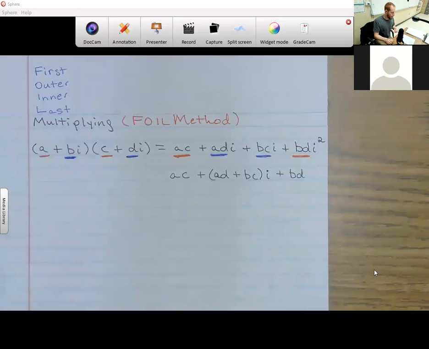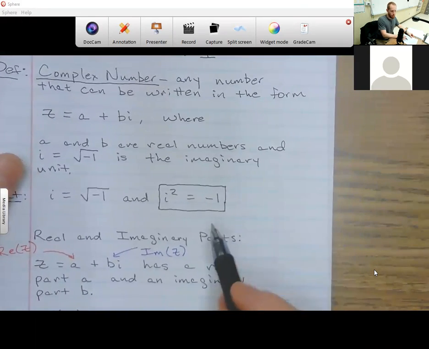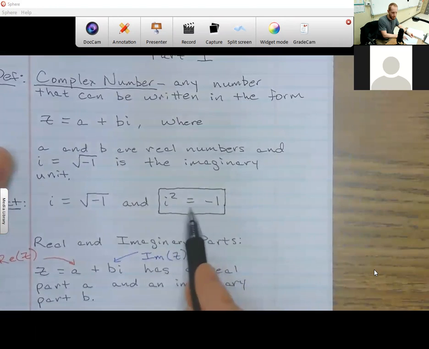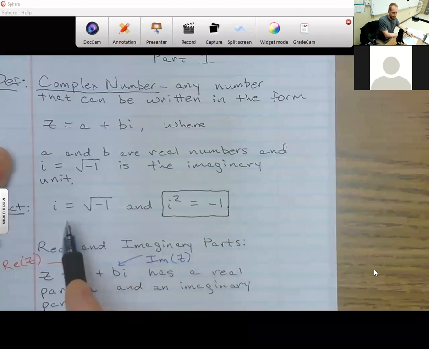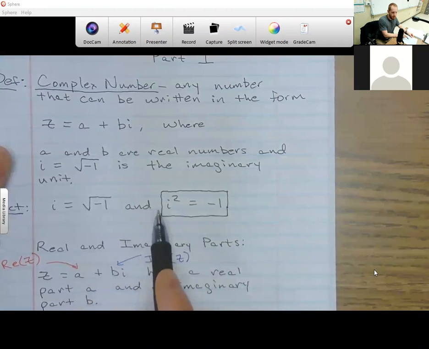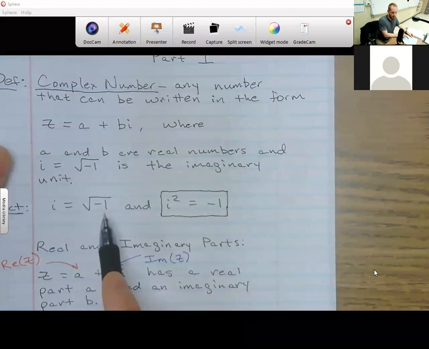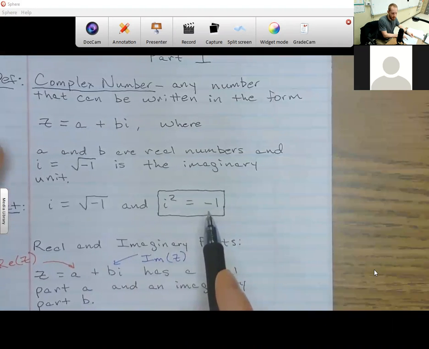Well, do you remember our fact from the first page? Take a look at this. Remember when I told you I squared is equal to -1? See that right there? We already assumed that I is the square root of -1, right? So if we square it, it's like we get rid of the square root, right? So I squared is obviously equal to -1, okay?